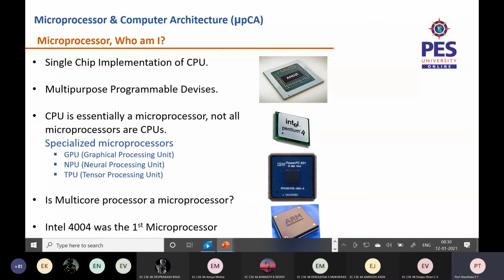Apart from this, we have GPUs, which are processors dedicated for image processing applications and which are very much required nowadays for satellite image processing, Google mapping, and we need GPUs for processing graphics very fast. Next, TPU is a tensor processing unit. It is by Google, and again it is a graphical processor.